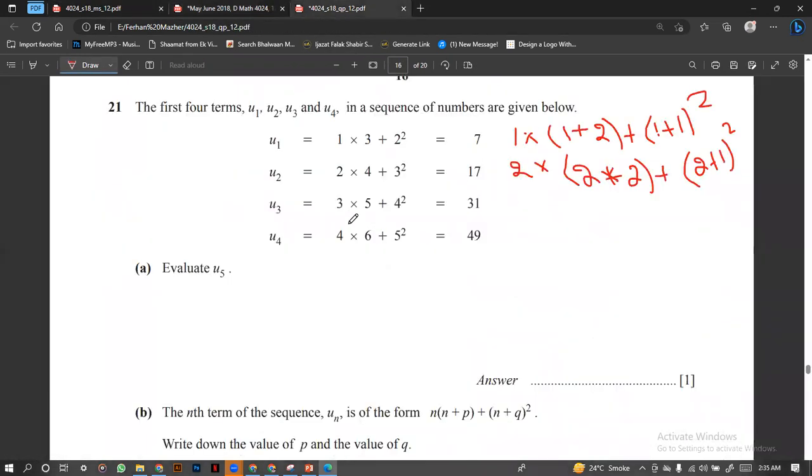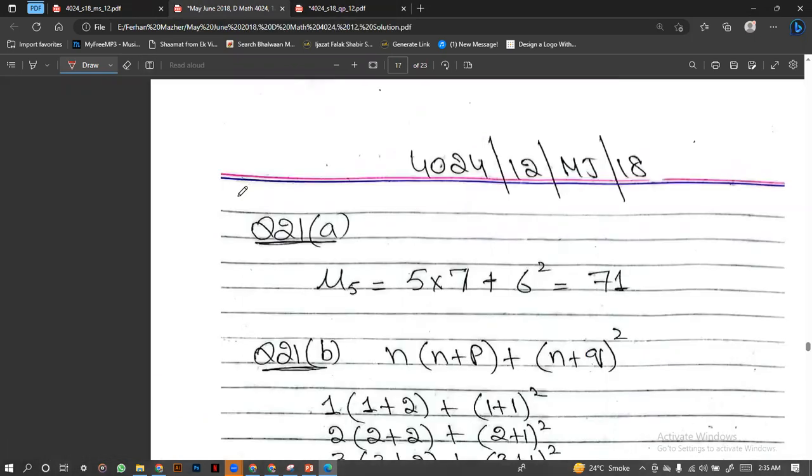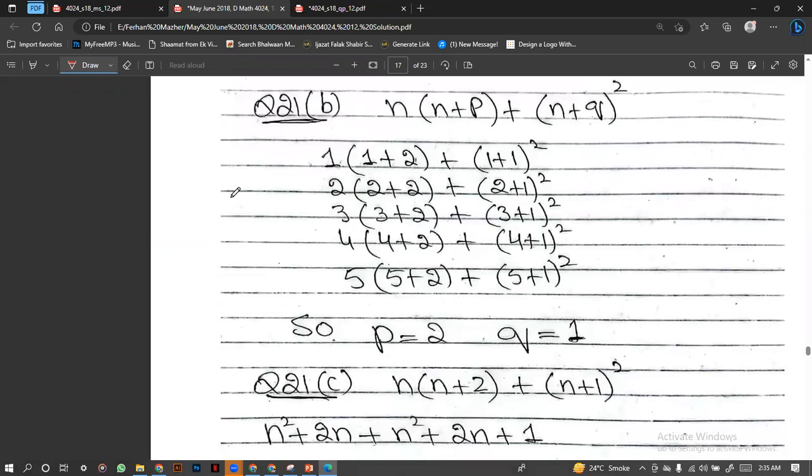Okay. Then we have to find the nth term of the sequence, which is of this form. Write down the value of p and the value of q. Very simple, this is a game of the pattern. The sequence is 1 into 1 plus 2, plus 1 plus 1 whole squared.